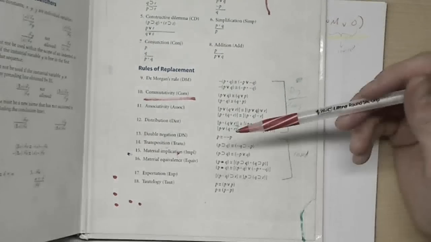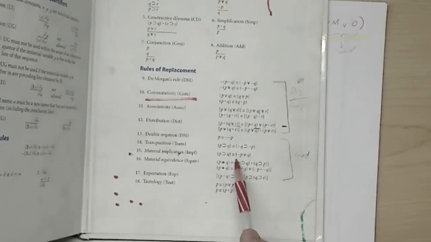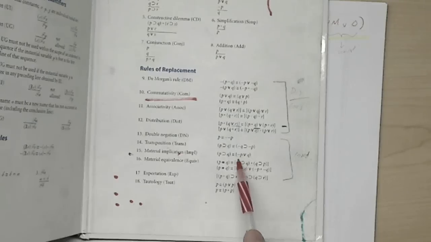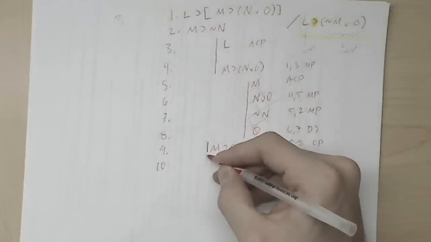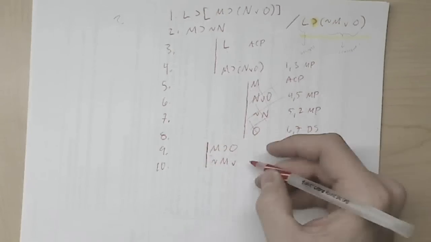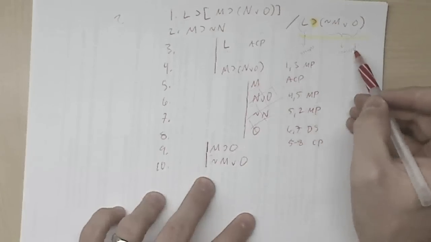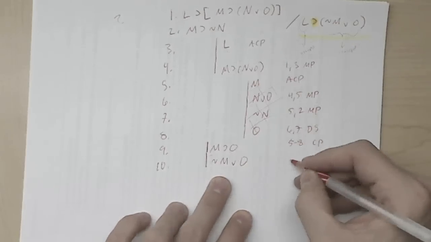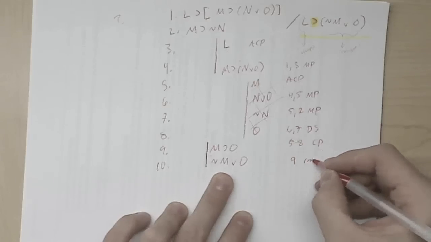This is an old book I have, but notice the rule of implication says if P then Q, I can replace it with not P or Q, right? So let's do that right here. So line 10 here is going to be not M or O, right? And notice that was the consequent I was looking for. But for O, whoops, you have to write down the reasoning you used, which was line 9, implication.